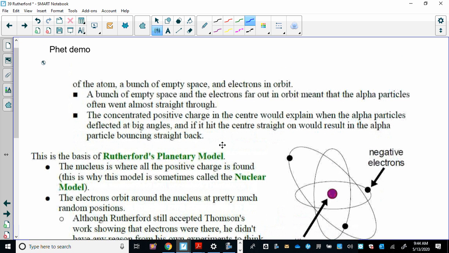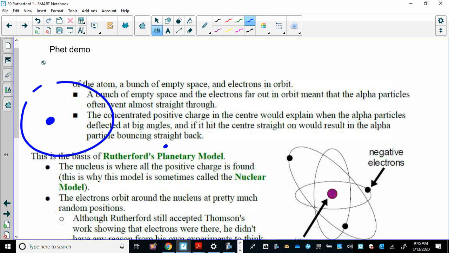So this was the birth of the planetary model. Rutherford theorized that the atom must have a really dense, small, positively charged nucleus. That's why it's called the nuclear model. And then the electrons are orbiting around it at great distances, like immense distances.